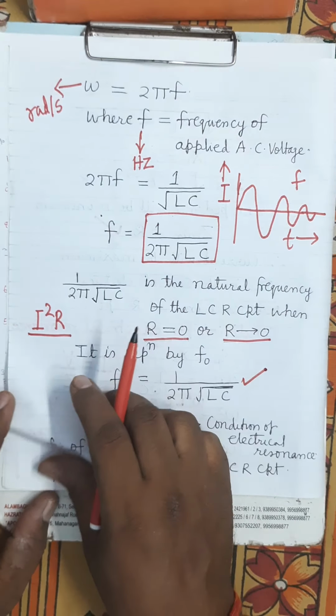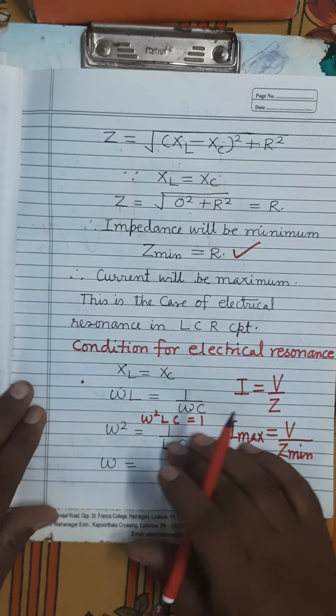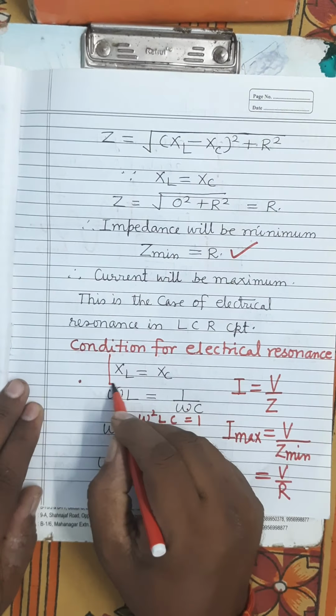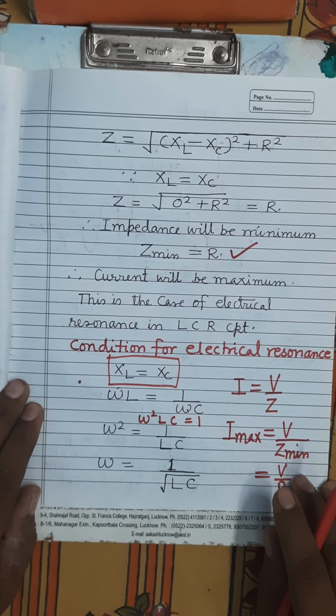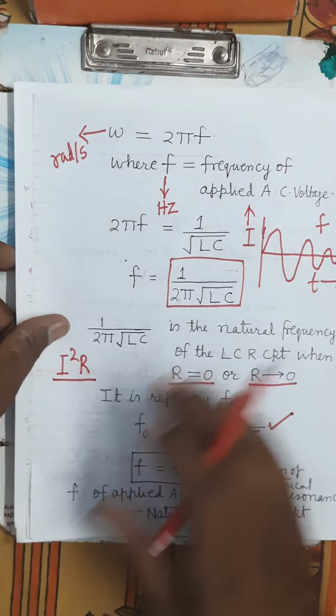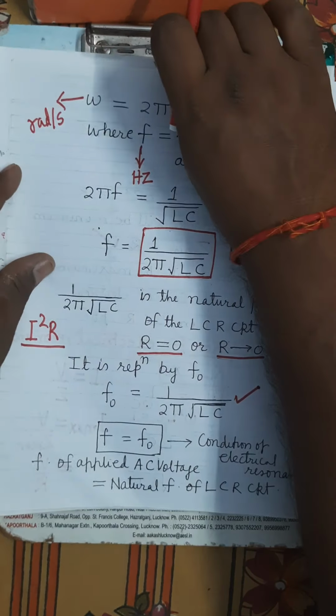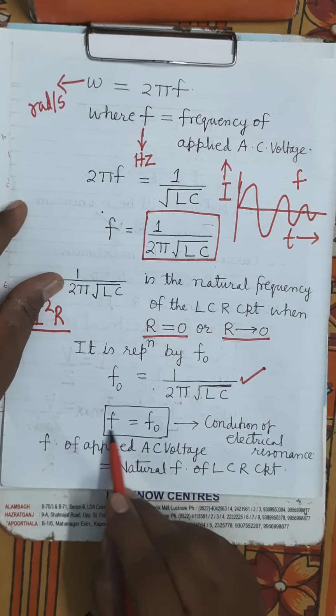So see here, we have started from the condition of electrical resonance. What is the condition of electrical resonance? XL equals XC. And starting from here, we have reached f equals this, means f equals f naught.